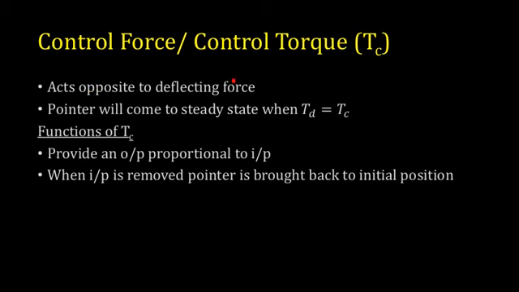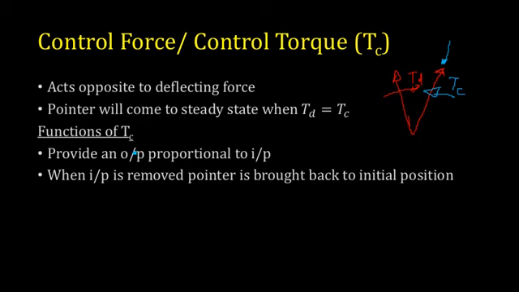It acts opposite to the deflecting force. The pointer at the initial position is deflected due to TD, and because you have TC, the controlling force in the opposite direction, your pointer comes to rest at the desired point. When TD is balanced by TC, your pointer comes to steady state.